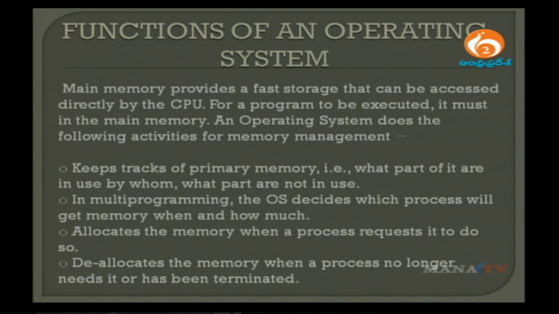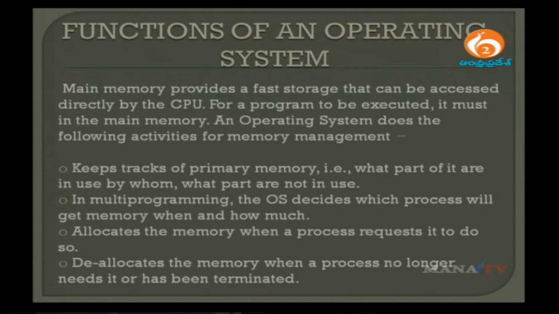Now, when we are speaking about the main memory of the computer, main memory does all of the things that I have just said. I just want you to remember that main memory is the most important thing that plays a vital role in the operating system. If you can see the slide once again, main memory provides a fast storage that can be accessed directly by the CPU.